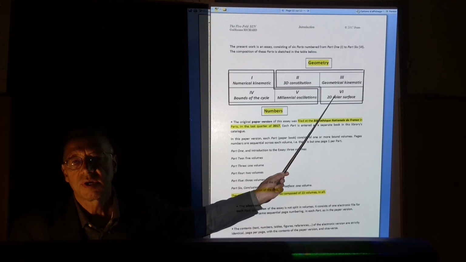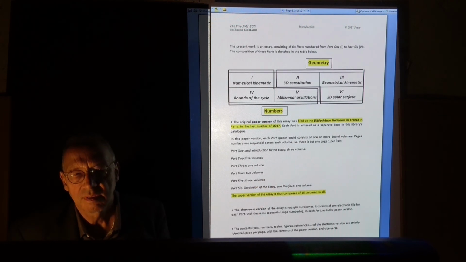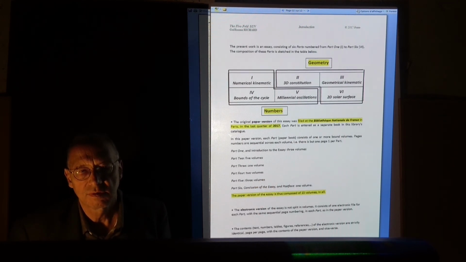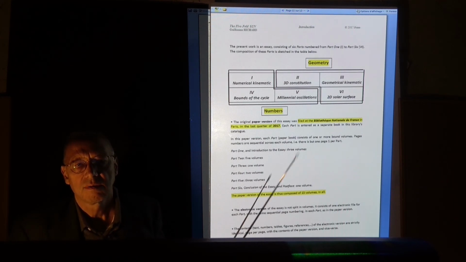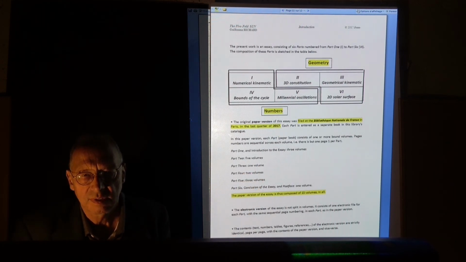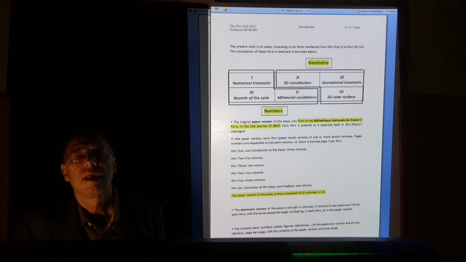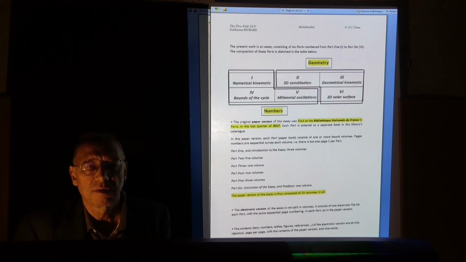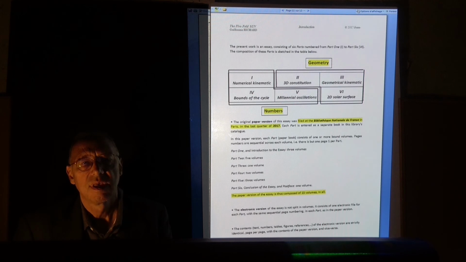And finally, in part 6, we will deal with the solar surface, and we will have here 2 parts, one dealing with the distribution of solar cells, and we'll find that there is a unique cascade of solar cell sizes at the solar surface that covers the solar surface in a complete way.